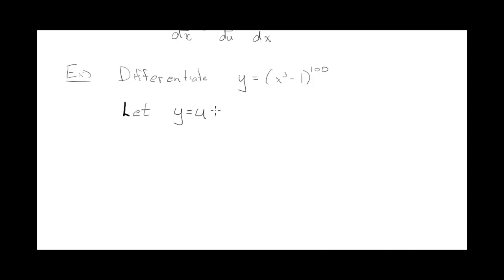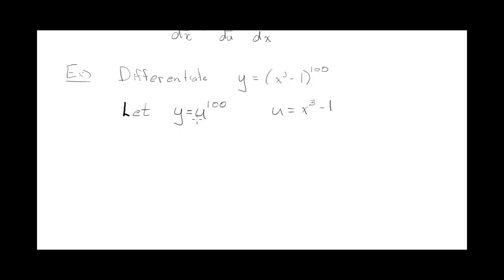So y is equal to u to the power of 100. Okay, so I'm replacing this inside function with just a single variable u. And then u is equal to x cubed minus 1. So u has become this inside function. If I were to put x cubed minus 1 in for u here, I would have this.